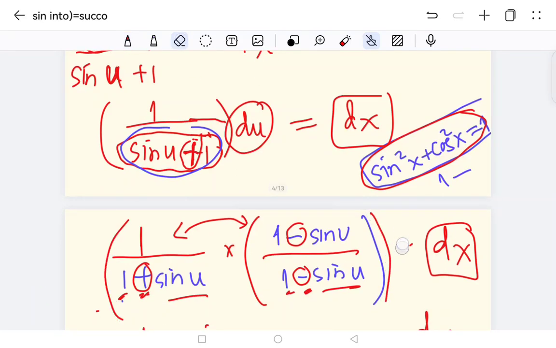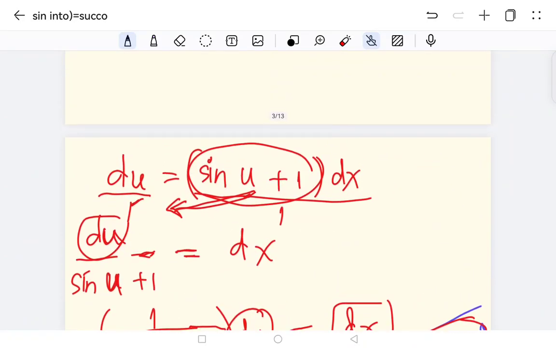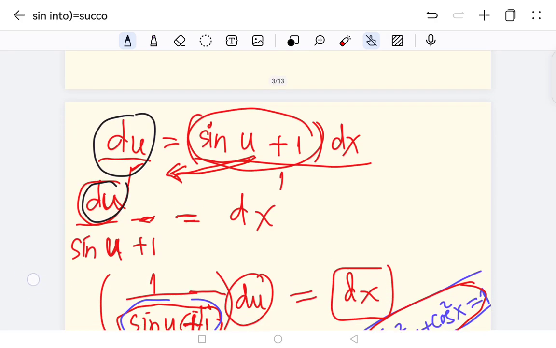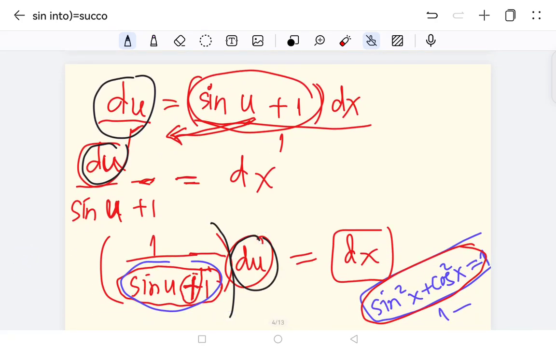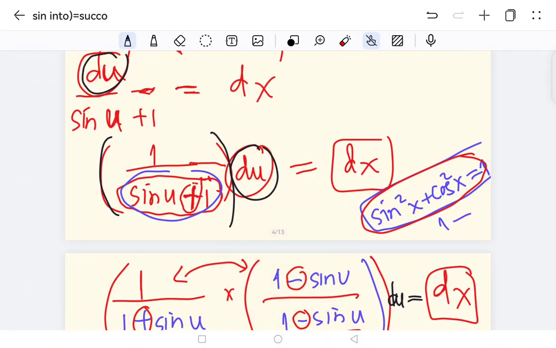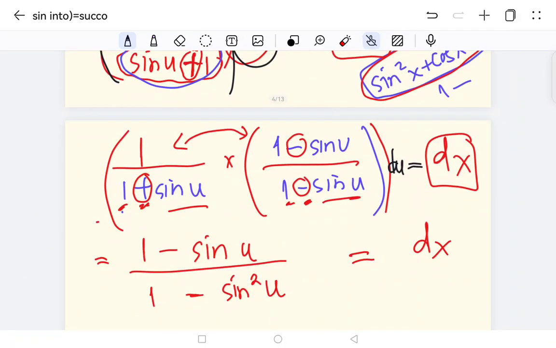Let me fix this. Remember, du is from the top, here, and then I move it here with parentheses or brackets. So this is here in double brackets, and this is outside, right?